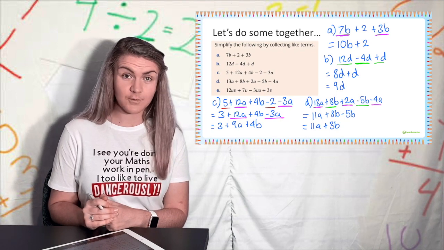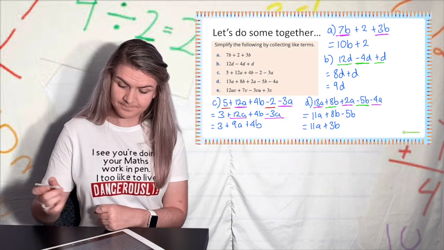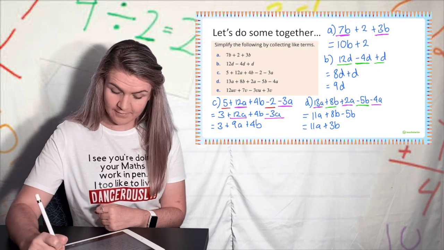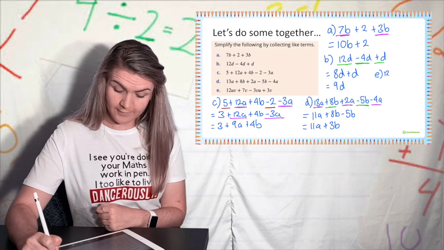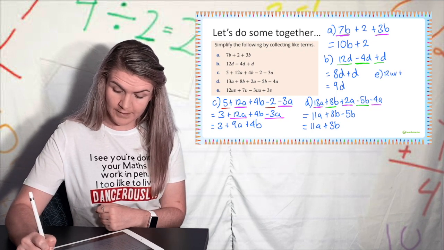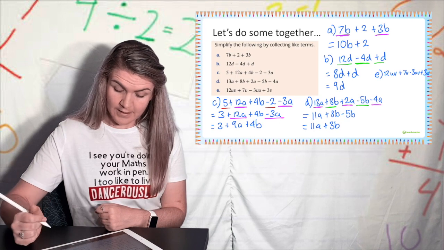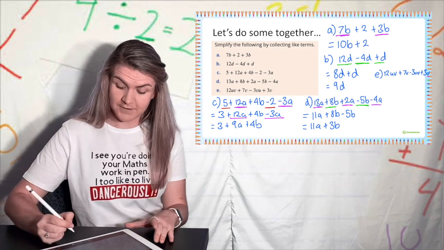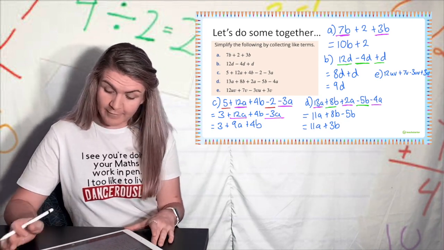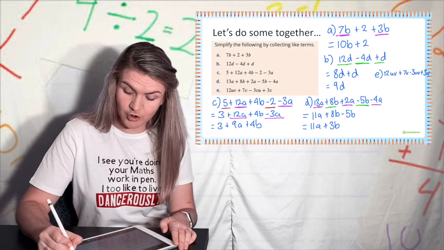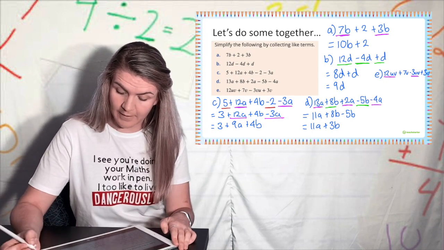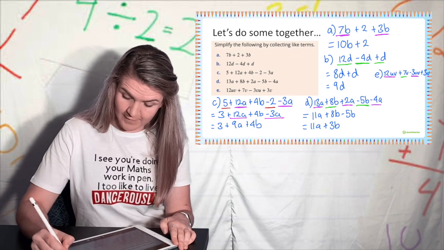All right, my last one is E. Let's see if I can fit this in. 12uv plus 7v take 3uv plus 3v. Now make sure that when you're writing it, you can tell the difference between your u's and your v's. Now I've got to find things that are exactly the same. Well, I've got 12uv and 3uv, and then I've got a v here and a v here.